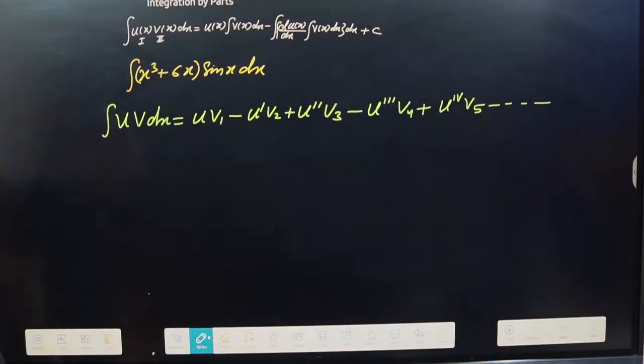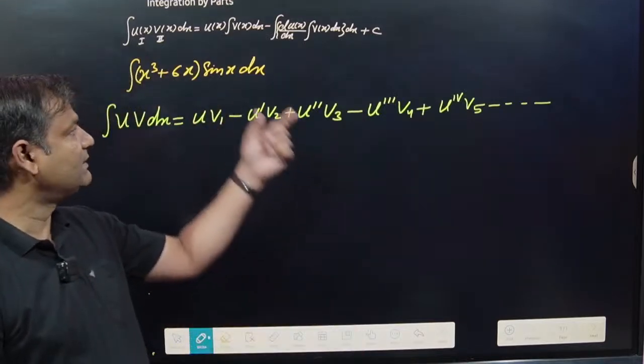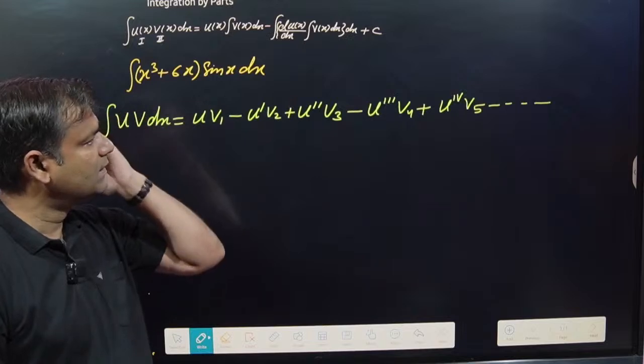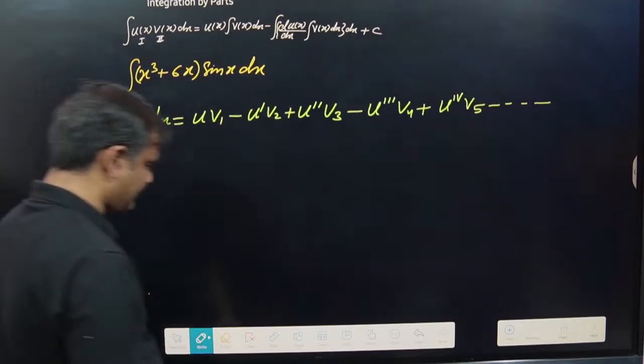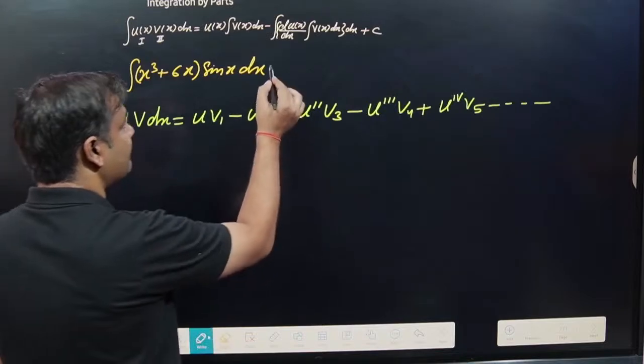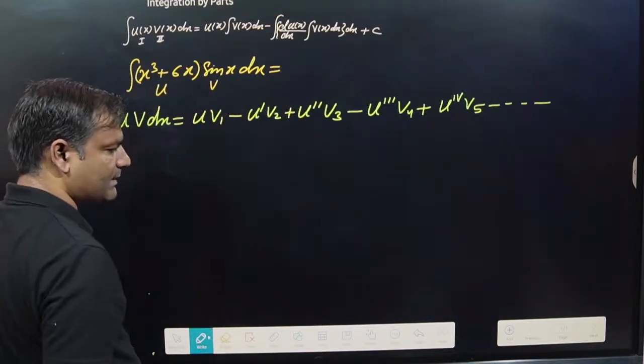First of all, everyone can try, then after that I will do it. Simply apply that formula. Which one to take as u and which one as v? Simply this one take u and this one take v.